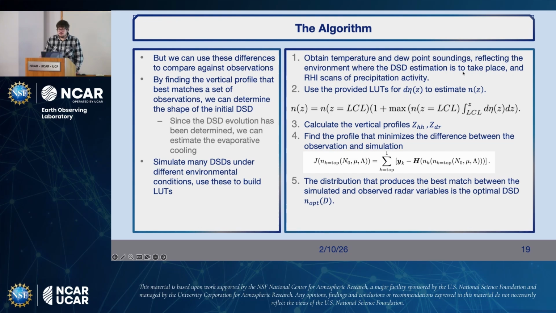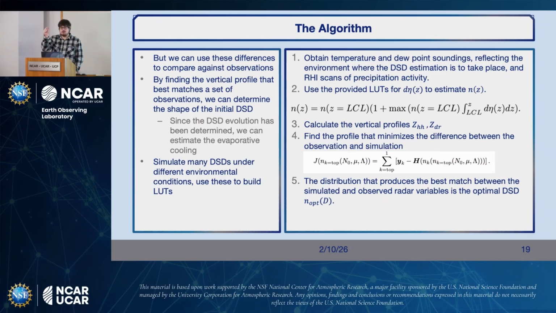Then we run simulations that match that environment, and vary the DSDs that we simulate over. And essentially from there, we can build a lookup table of all of these different conditions and try to figure out which initial drop size distribution best matches the observations that are available.